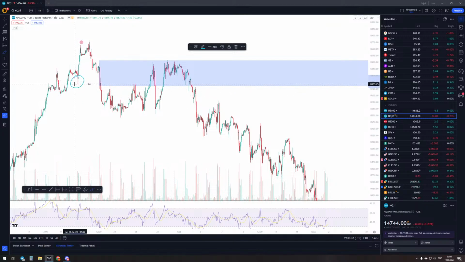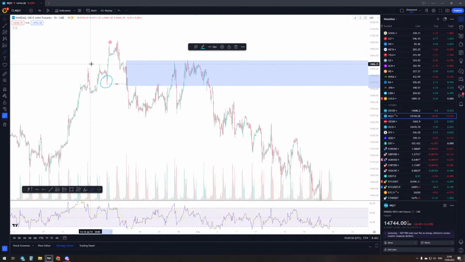So we can identify this break of structure, and it means less likely we will go in the same trend. In this case it was an uptrend. We have a break of market structure, and as you can see, we took some liquidity from these lows, and we have this formation.